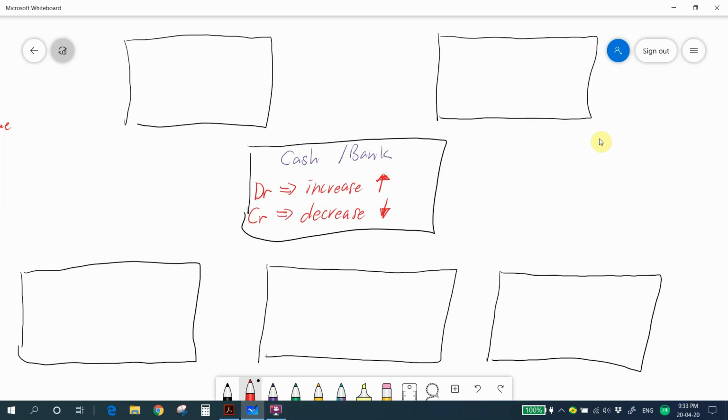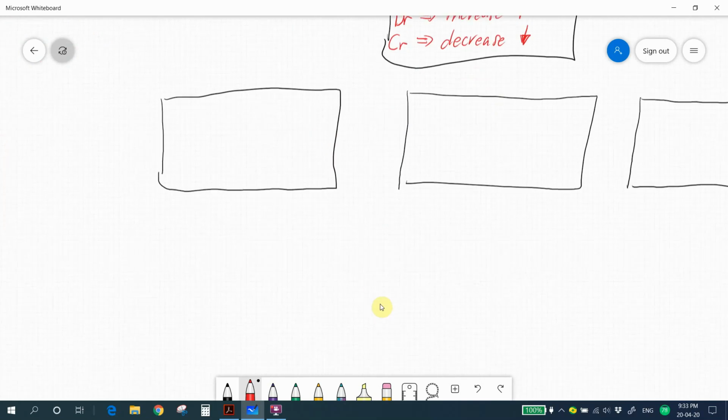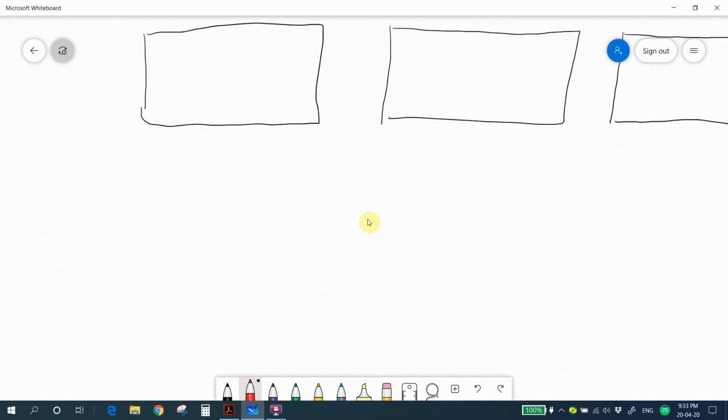Let's have some example on the increase or decrease. Example 1. You sell goods to customer and you receive cash from them.